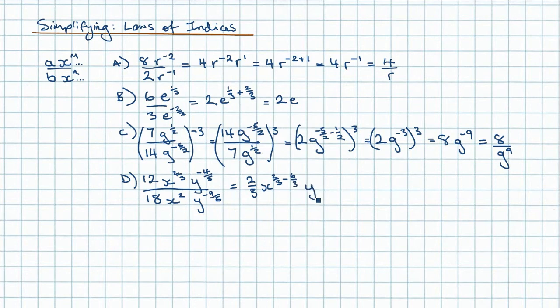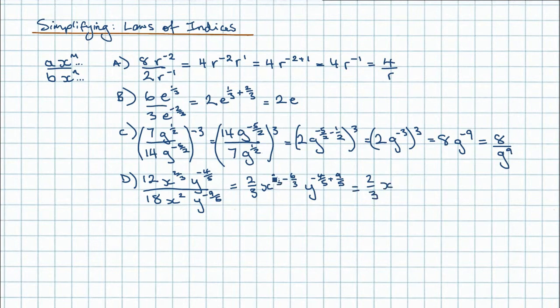Now to deal with the y's, we've got y to the minus 4/5, minus a minus, so plus our 9/5 here. And we're done. So all we've got to do is simplify this, so that becomes 2/3 of x.